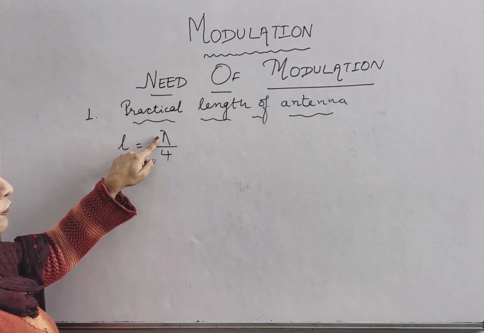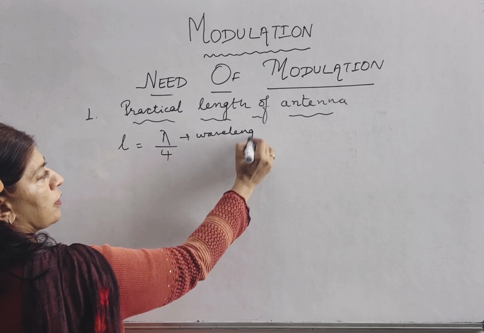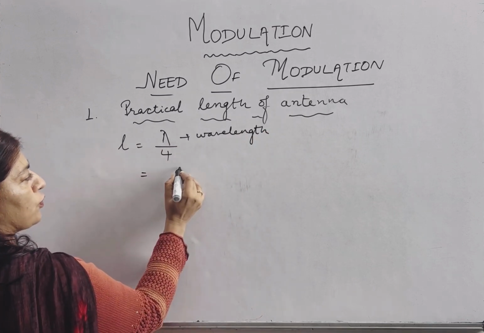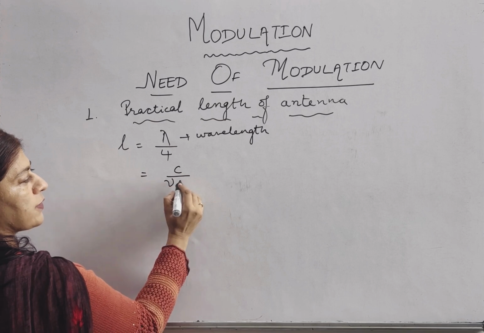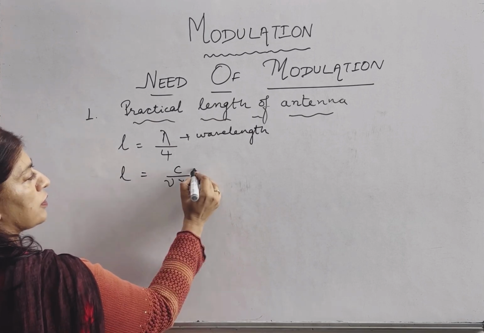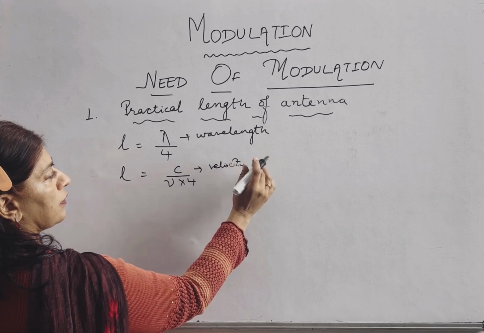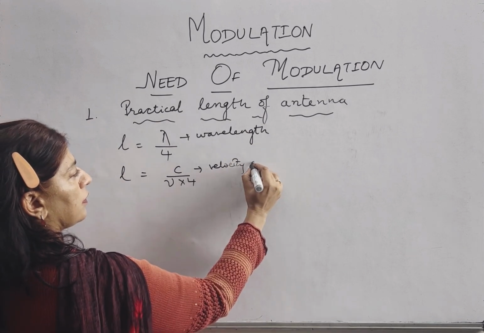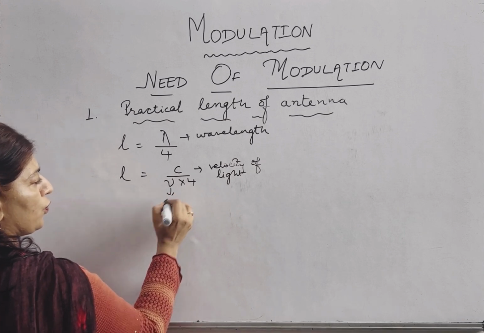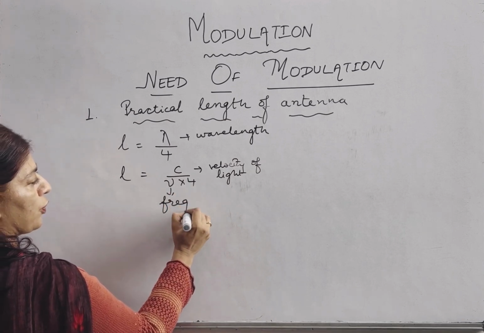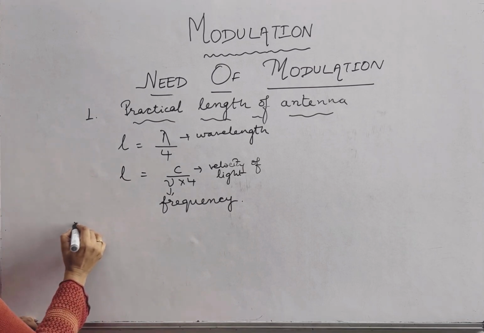Here, wavelength is also equal to velocity of light over frequency. C is the velocity of light and here nu is the frequency.